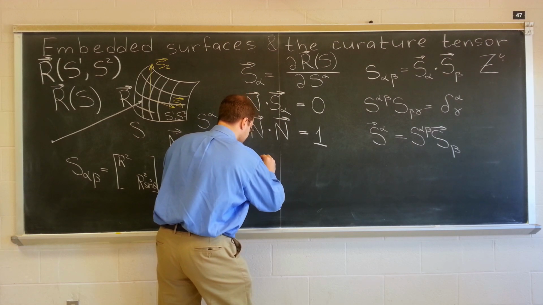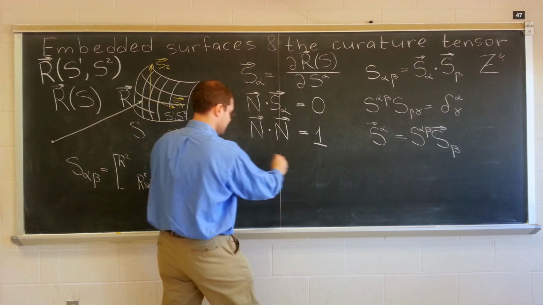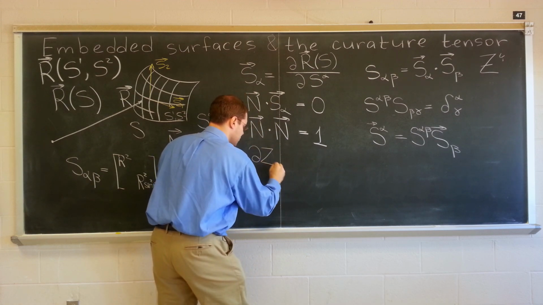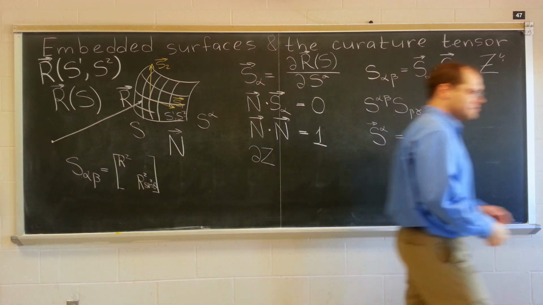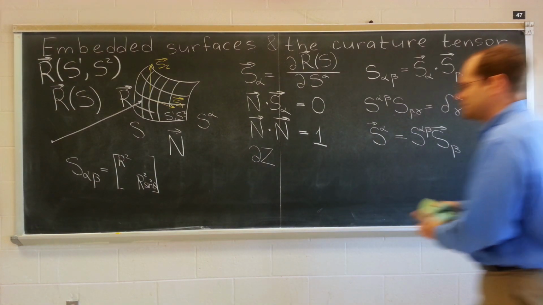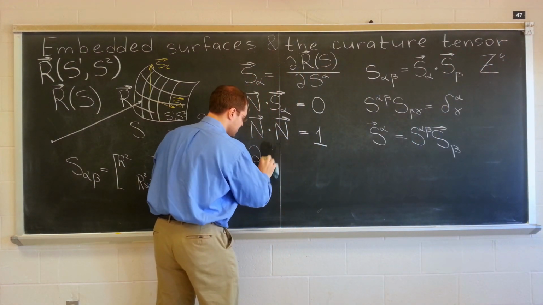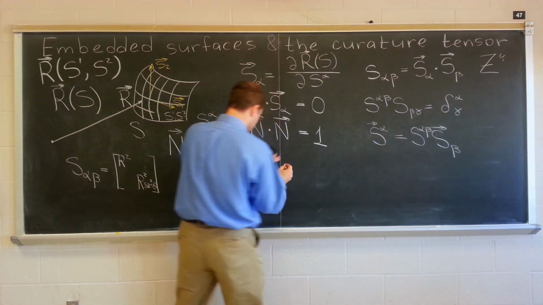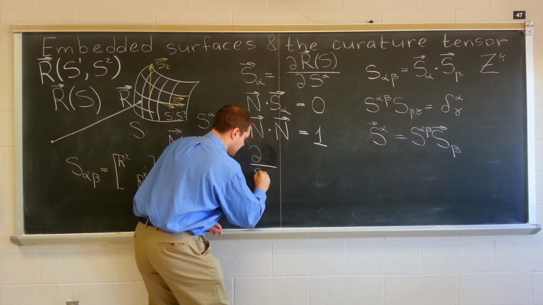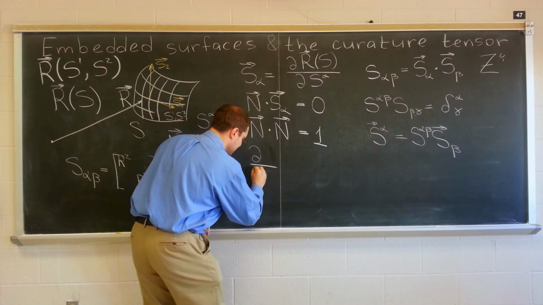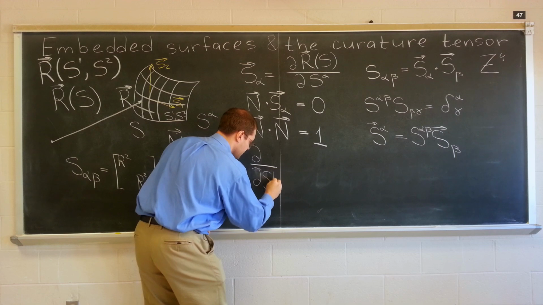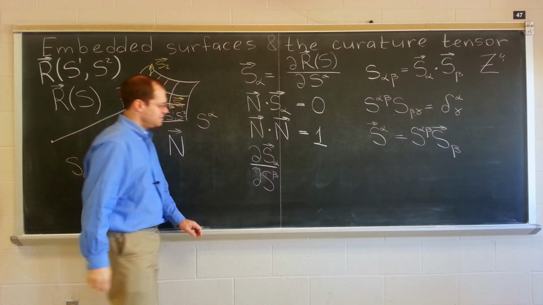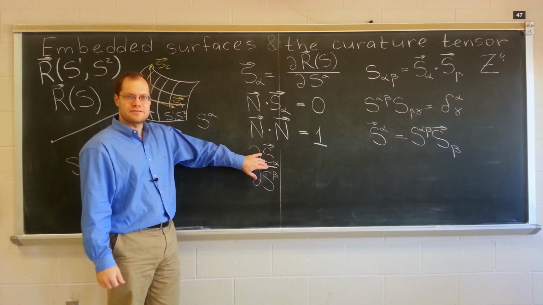If we consider the derivative of the covariant basis with respect to one of the coordinates, so we'll have dS alpha by ds beta, dS alpha by ds beta. So these are 4 vectors.